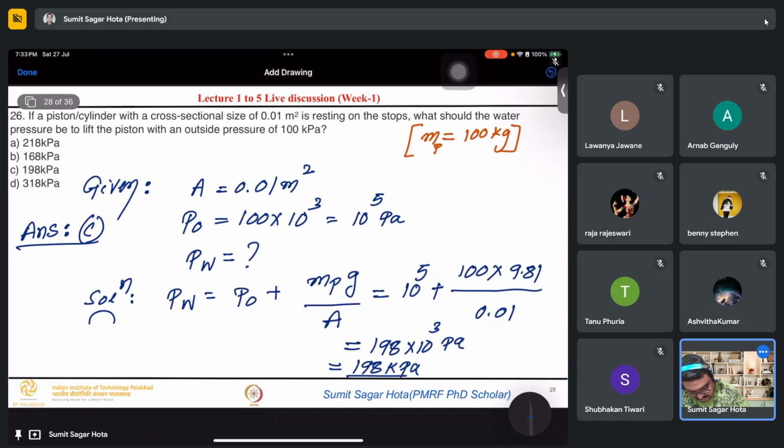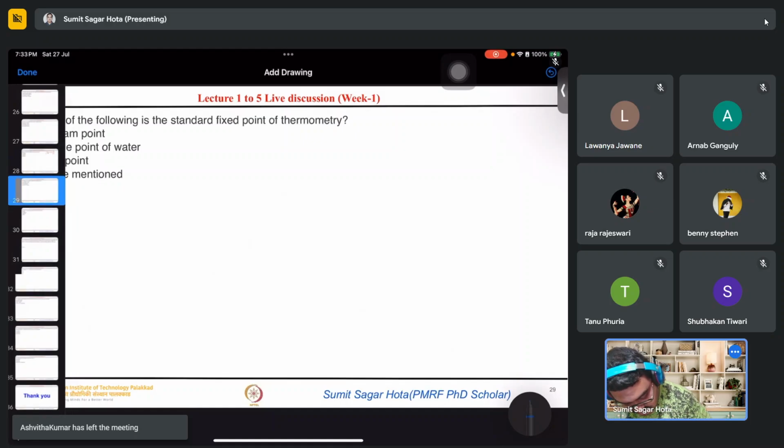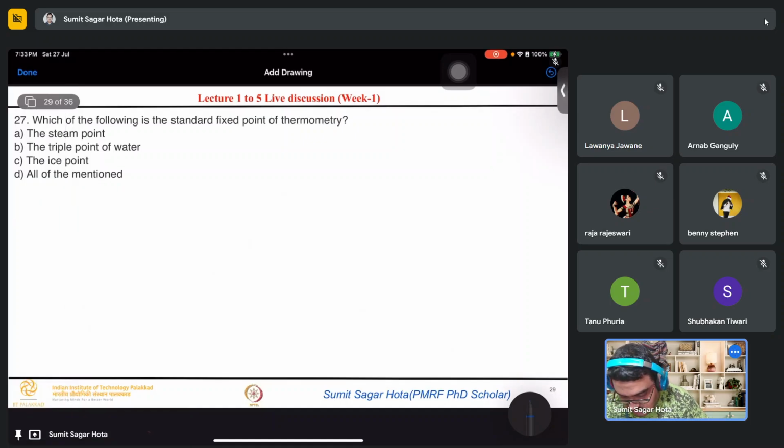Okay, so let's go to the next one. Which of the following is the standard fixed point of thermometry?